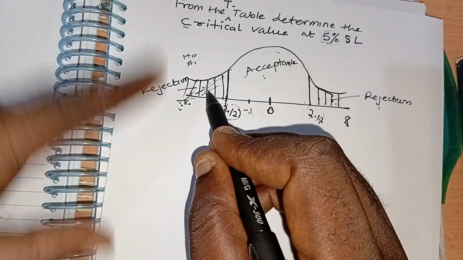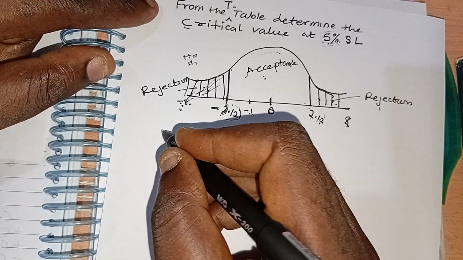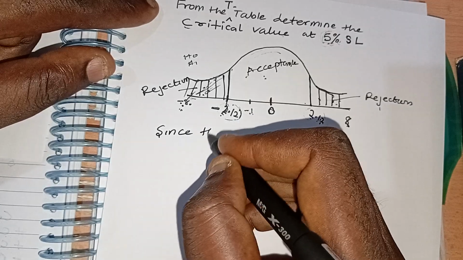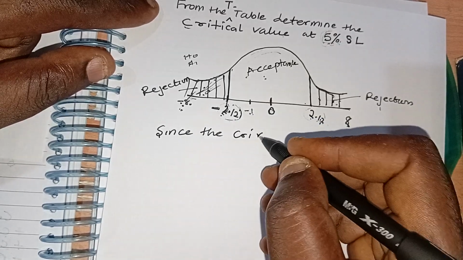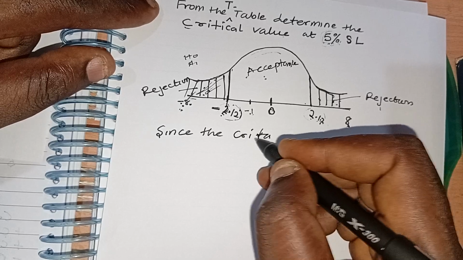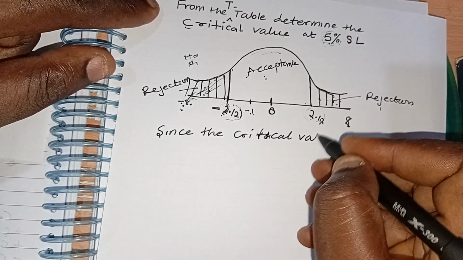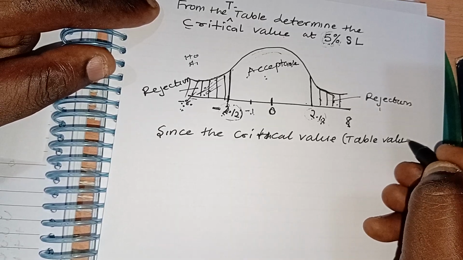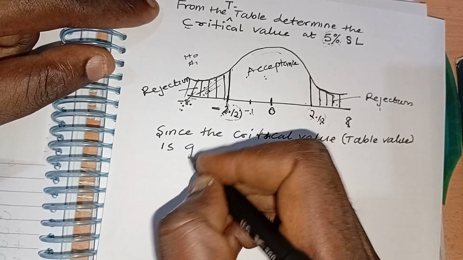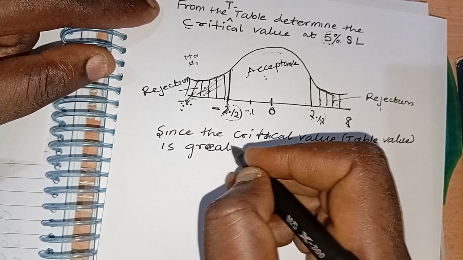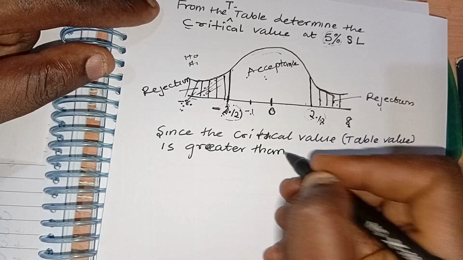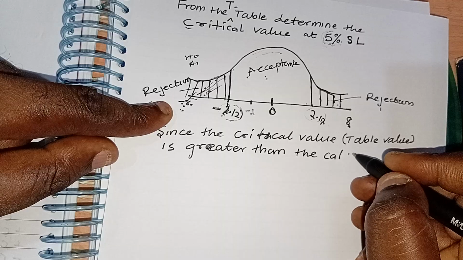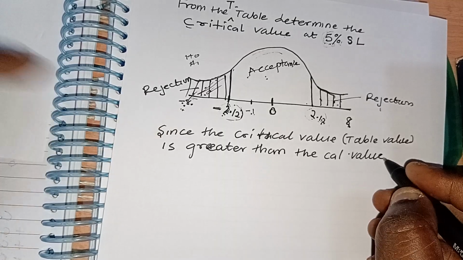Now, it means you have to reject the null hypothesis. So you now write: since the critical value, that is the table value, is greater than the calculated value. Are you with me now?